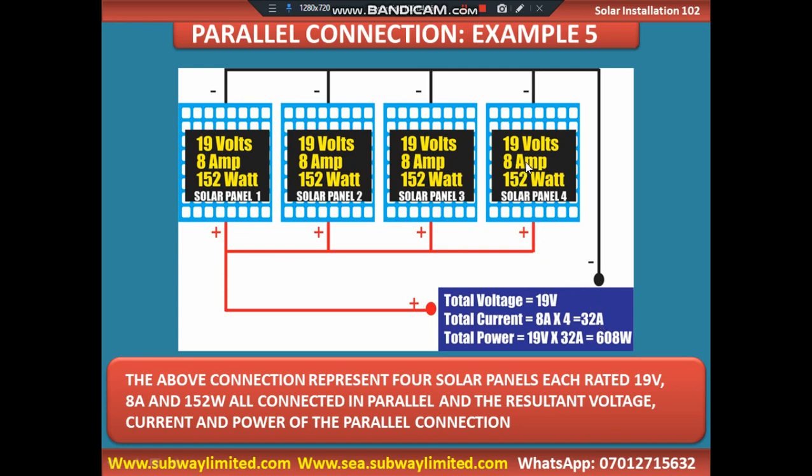That means we have successfully increased the current, whereas the voltage remains 19 volts. Then we are saying that the above connection represents 4 solar panels, each rated 19 volts, 8 amp, and 152 watts, all connected in parallel, and the resultant voltage, current, and power of the parallel connection.